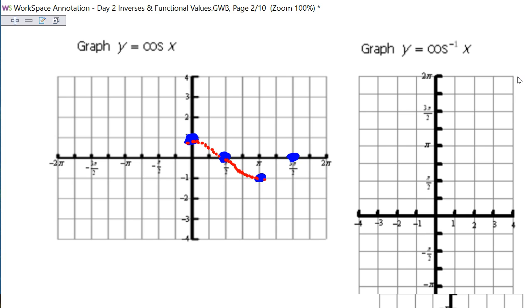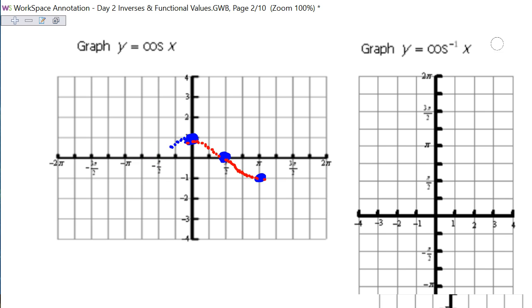But let's check the left side of 0. That next point would be at negative pi over 2, 0. And if I connect these, would it pass the horizontal line test? No. So erase that point.